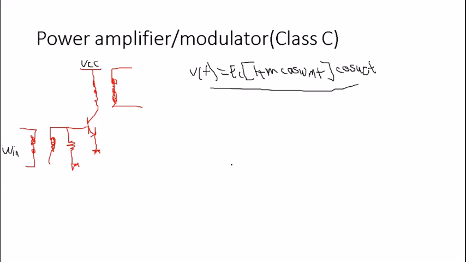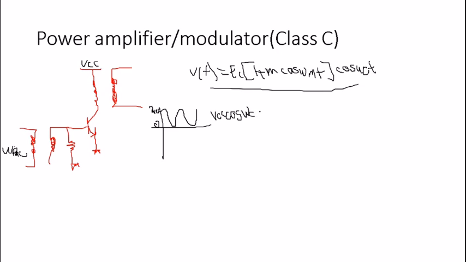The voltage swing for a Class C power amplifier is that the highest peak is 2 VCC and the least is 0, which gives us ultimately an output signal of VCC multiplied by cosine omega input, and let's just call this omega c of t.